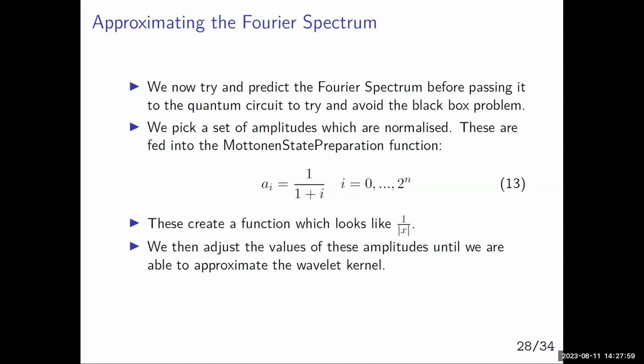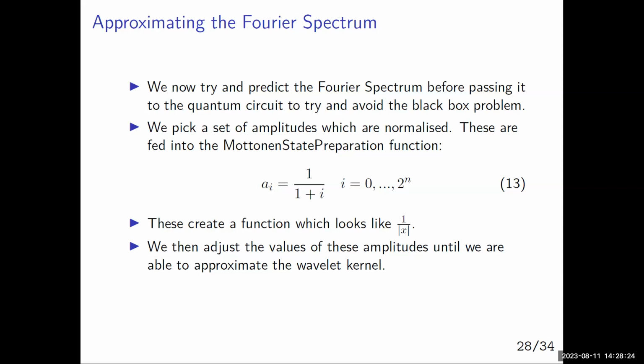So now, before we run, usually what you would do at this point is just run into a classical loss function and just try and optimize these A values till you get the shape you're looking for. But they attempted to avoid the black box problem in a small way, at least.